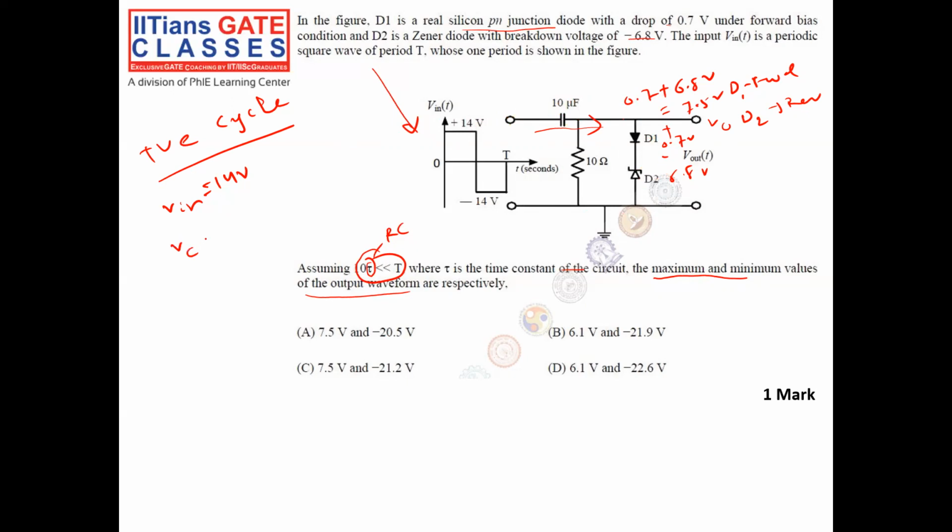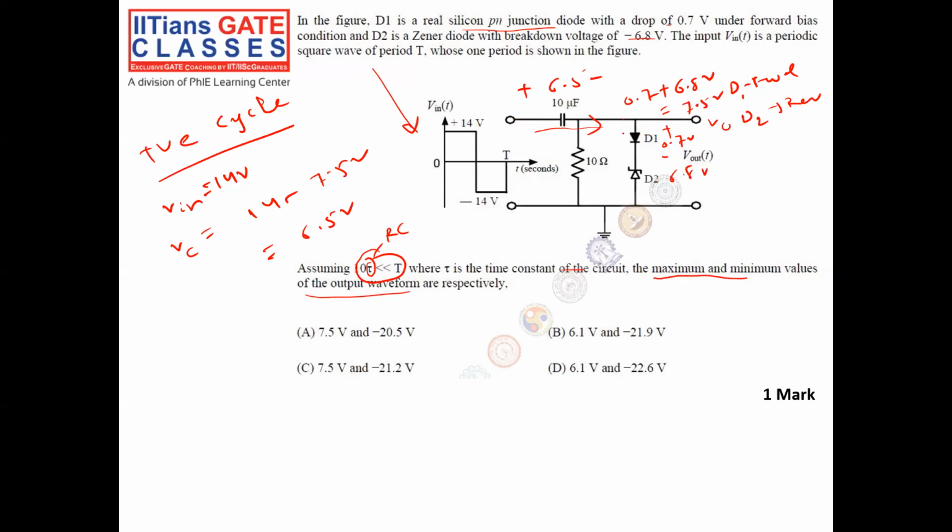So my VC will be 14 minus 7.5 volt, which is equal to 6.5 volt. If the diodes had not been there, then my capacitor would be charging to 14 volt, the input.